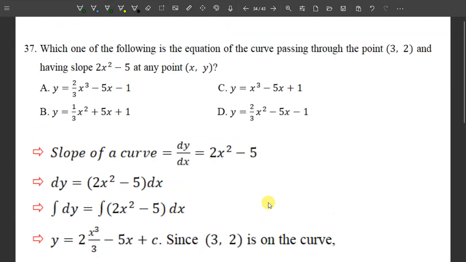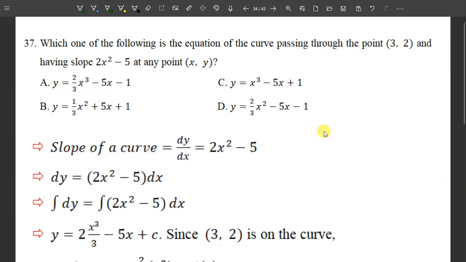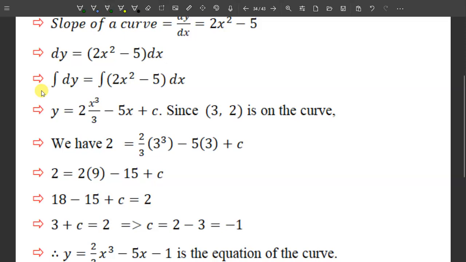Also, from the question itself, the curve is passing through the point (3, 2), and therefore (3, 2) must satisfy this equation since it is on the curve. The first coordinate is the value of x, and the second coordinate is the value of y, so replace y by 2 and x by 3.